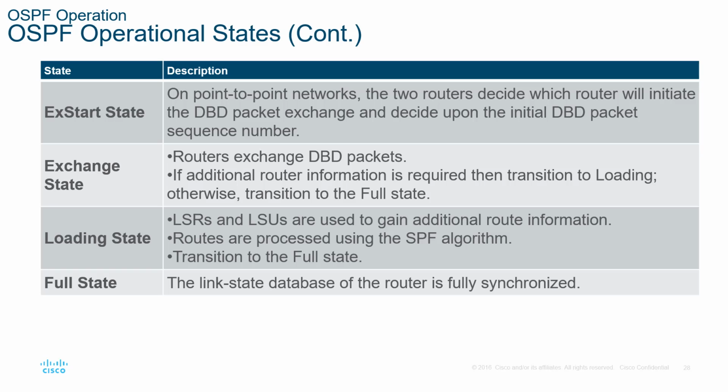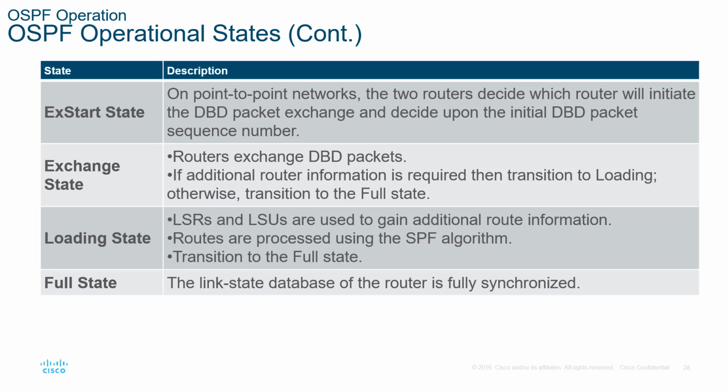They will then exchange information. So the routers exchanging the different database packets will be an exchange state. If additional routing information is required, then they will transition to a loading state after the exchange. If the exchange doesn't need additional information, it will transition to a full state.